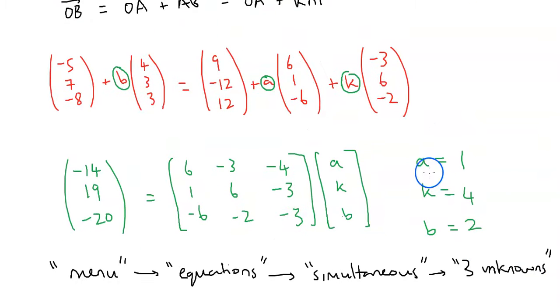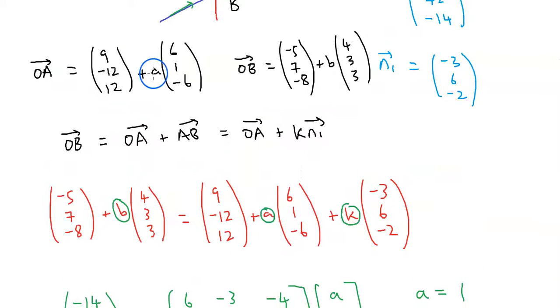Alright, anyway, now that we know little a, little b, and k, that allows us to find the vector, for example, OA and OB. So let's go ahead and find those two.